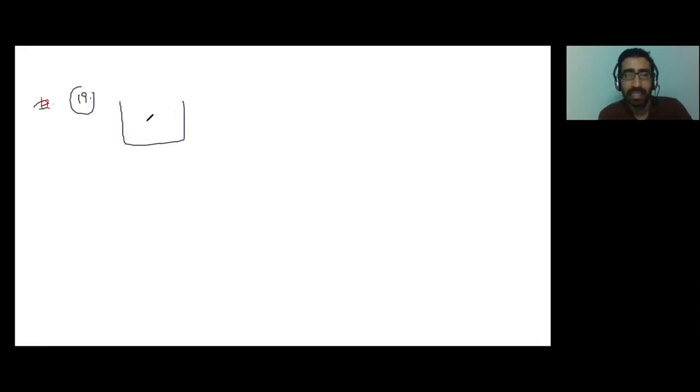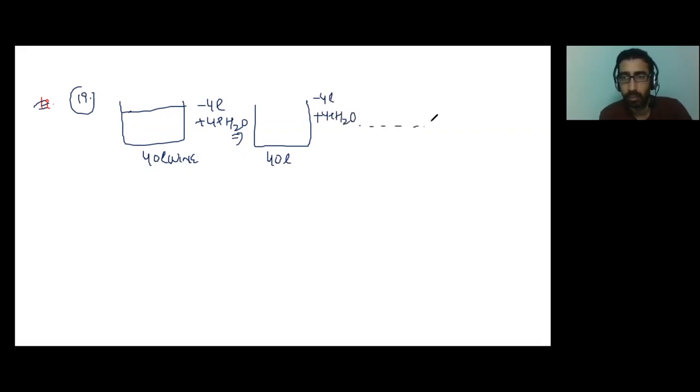So this is 40 liter wine. Rather than doing it each time, what I want to say here is, every time 4 liter is removed, whether it's completely wine or solution, and then 4 liter of water is added, you get another solution that has 40 liter, and then again 4 liter of the solution is removed and 4 liter water is added, and this process goes on many times.